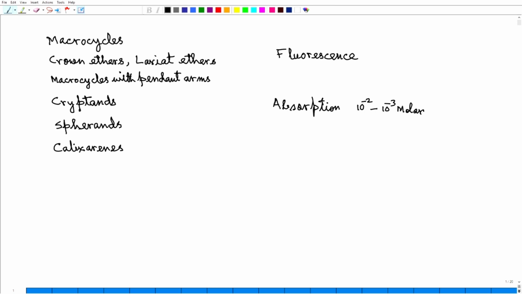But fluorescence is a very, very sensitive technique, and we take concentrations of say 10 to the power minus 6, sometimes 10 to the power minus 7 molar. So, it is a very sensitive technique, and the reason I will just explain to you.